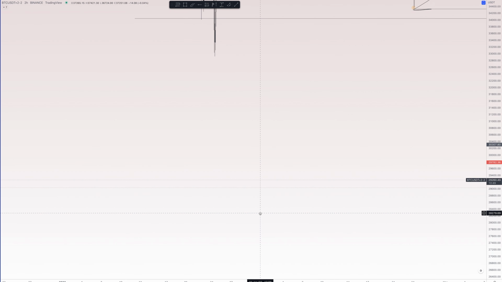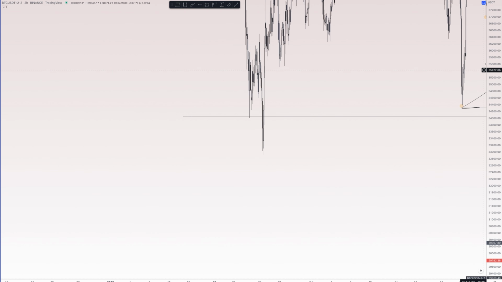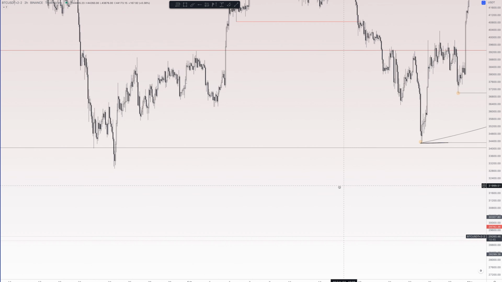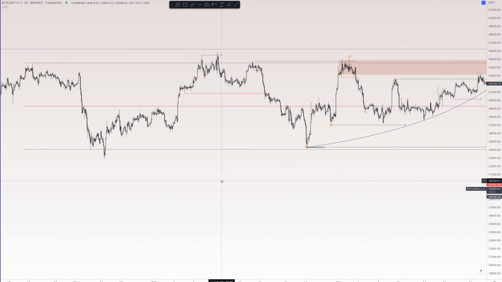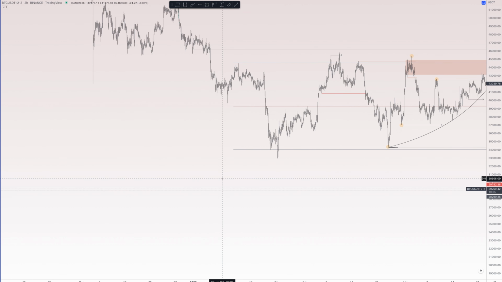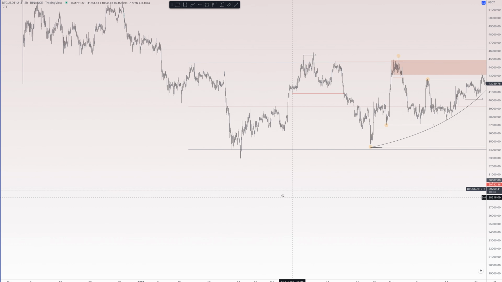And your risk is based on your trading style and on the conditions of the market. For example, if you are a very aggressive trader, then your risk will be higher. But if you are very conservative, then of course your risk will be lower. And your risk is the maximum amount of money you want to lose.